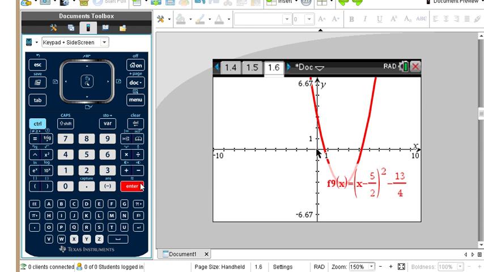And we graph, we see the same thing we saw earlier. So that's an exact match.